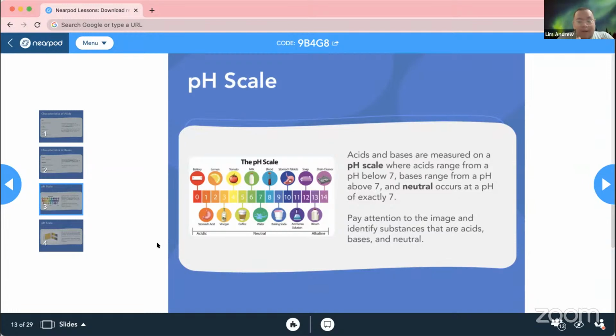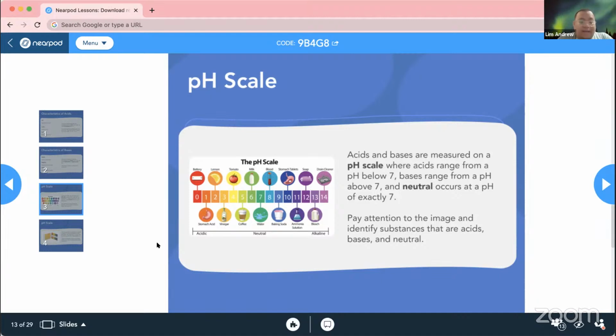Acid ranges from 0 to 6.9, and for base it is 7.1 all the way to 14. In layman's terms, basically 0 to 6 is acid, and 8 to 14 is base, also known as alkaline. Another word for base is alkaline.